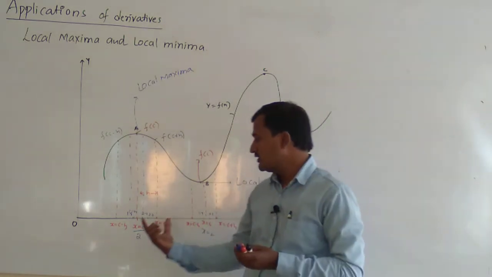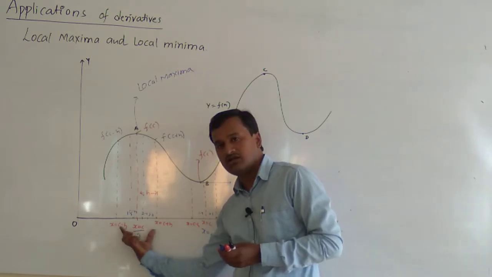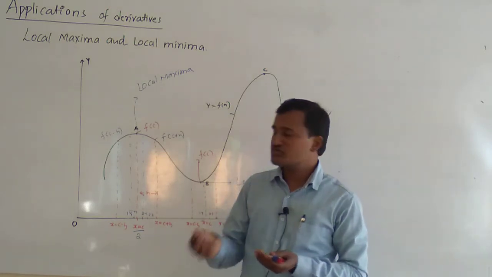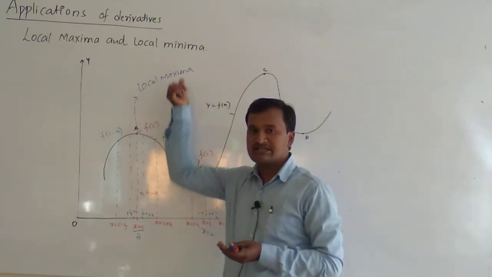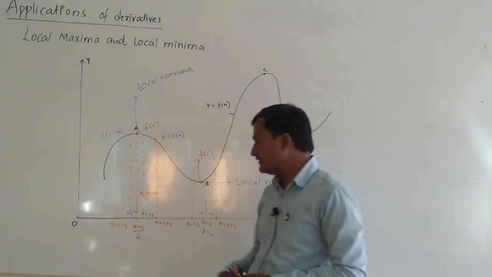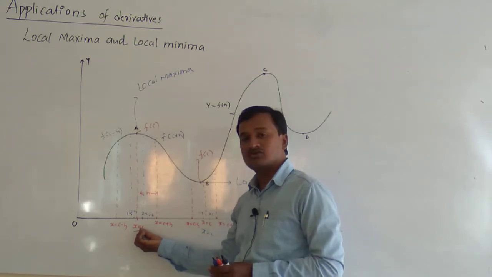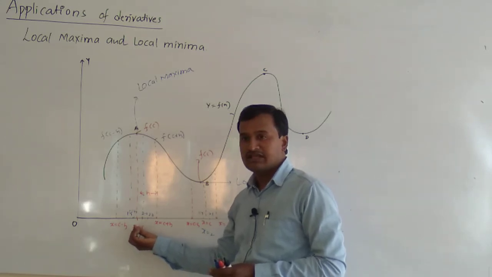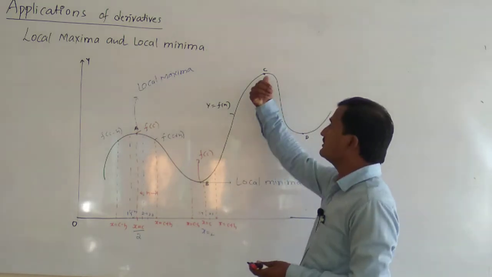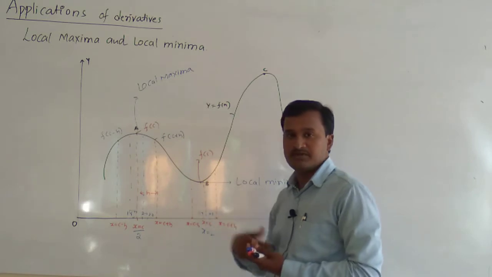It means that locally, in this local area, we are finding the functional value of a given function, and that is called a local maxima and local minima. Instead of checking the functional value in the neighborhood of x equal to c, if you take the total interval, you get the maximum value at c and the minimum value at b.